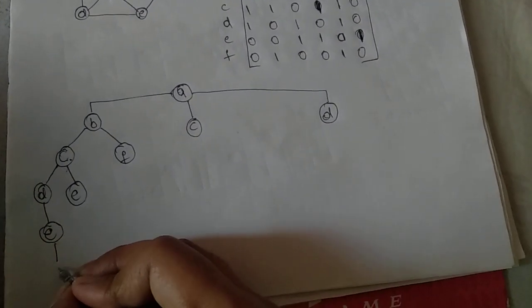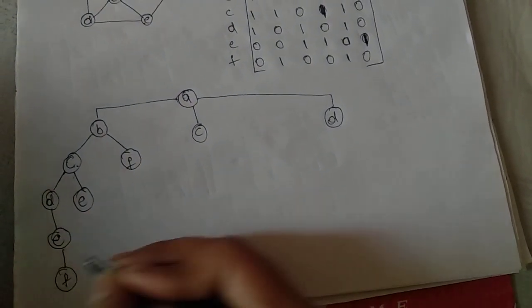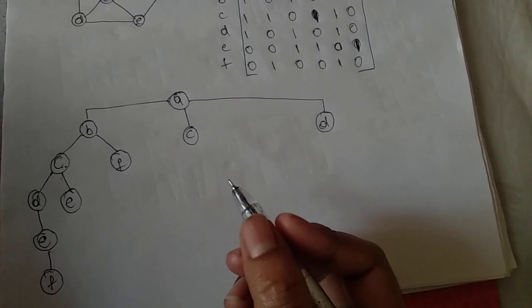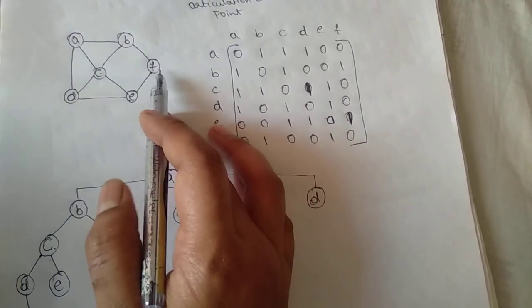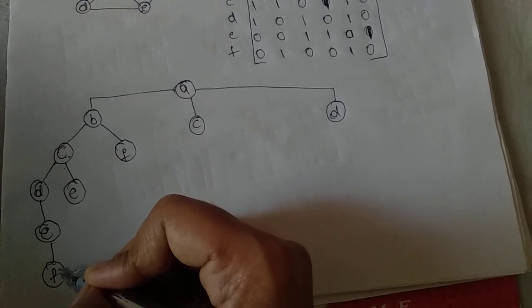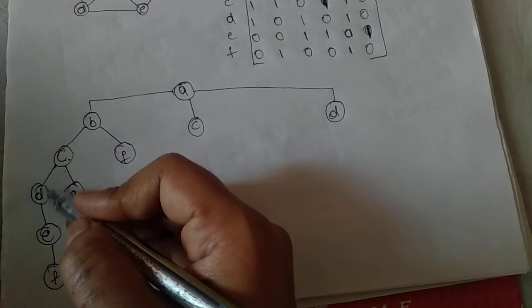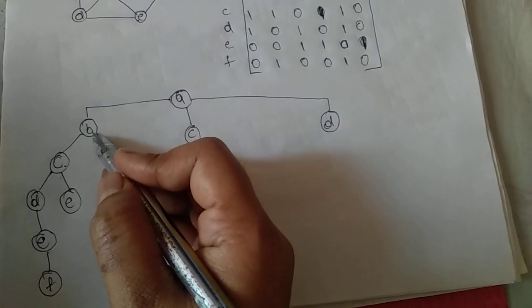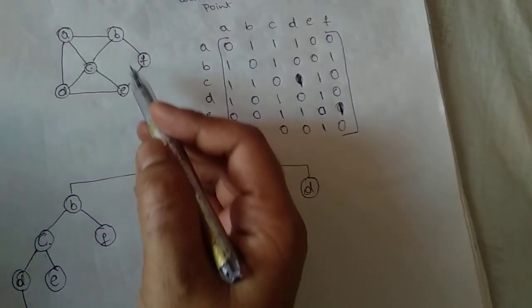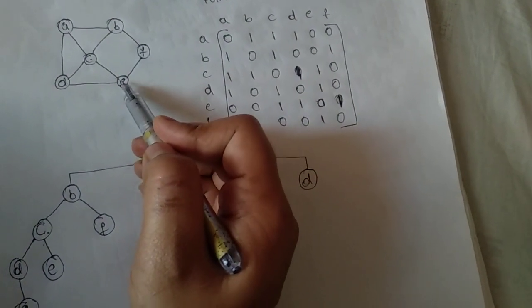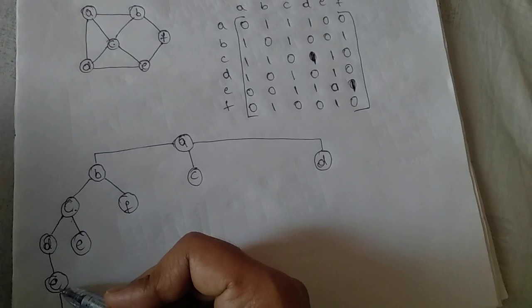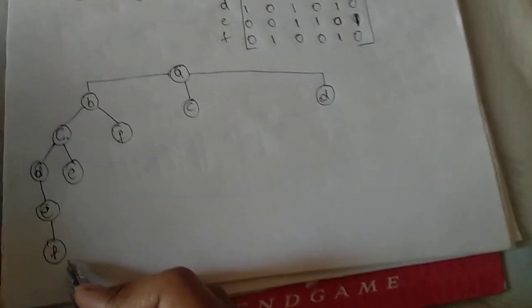So from E, I can go to F. Yes. Then from F, where can you go? B. But see here, B is already present in this cycle. If it is already present, you cannot just take it again. From F, again E. See here already it is present, so you cannot go anywhere.